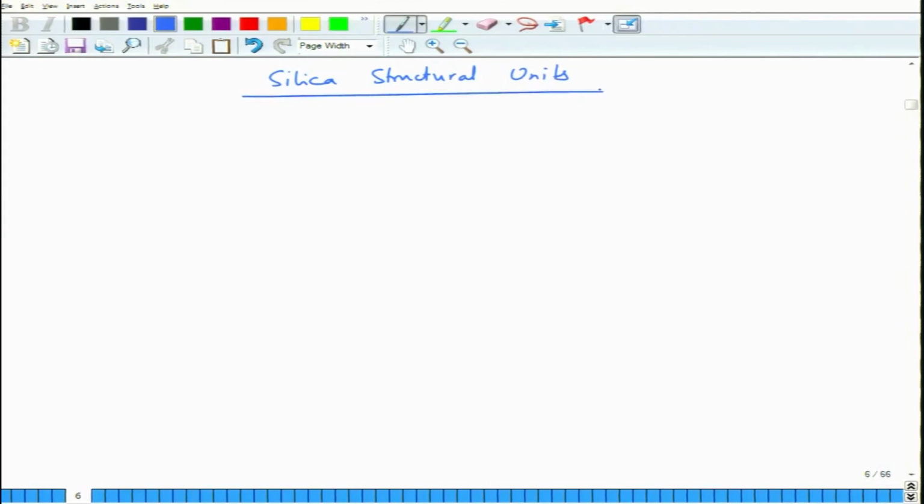Okay. So, let us say the criteria is the number of oxygen ions which are shared. That is the first column.